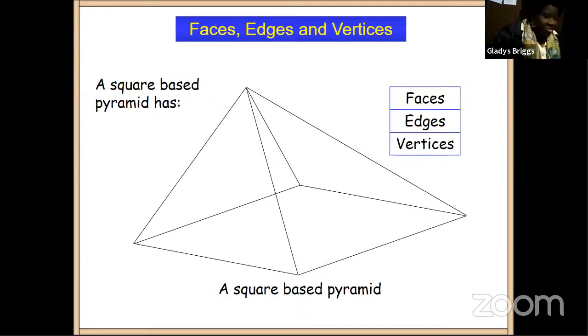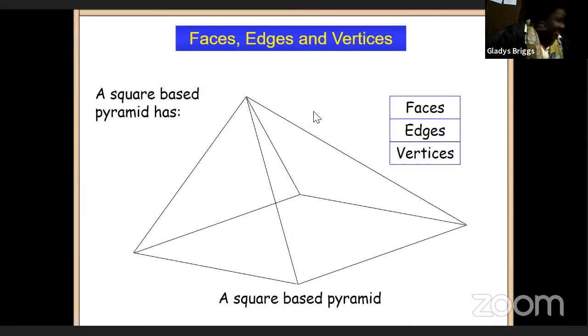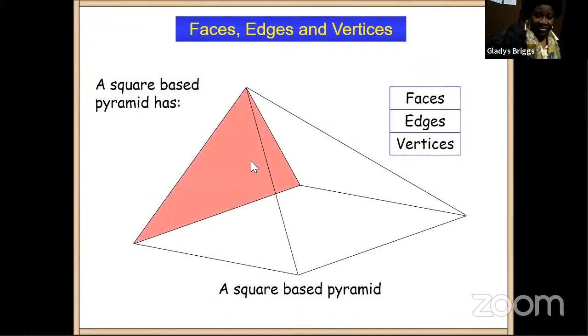Okay, so who has written? So 4 faces, 8 edges, and 5 vertices. Okay, let's see, Naji. Well done to you. We got how many faces? 1, 2, 3, 4, 5. 5 faces.